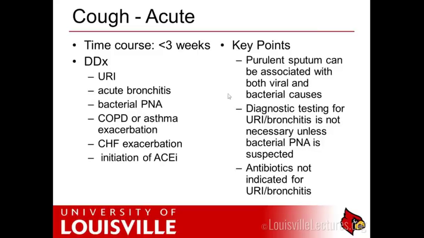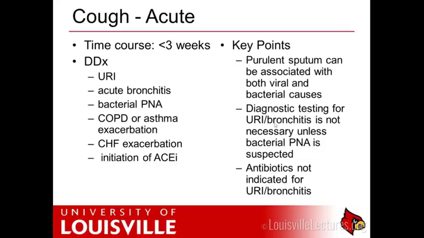So the tricky thing is, we're always worried about bacterial pneumonia, but purulent sputum actually can't help you determine whether or not they have a viral or bacterial infection. So you need to use other signs or symptoms. If they have fever or other things that you're worried about, they're really tachycardic, or they have lower blood pressure in the hospital or in the clinic, then you can do some more diagnostic testing.